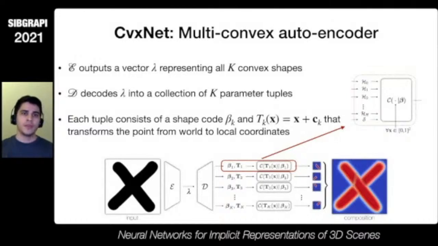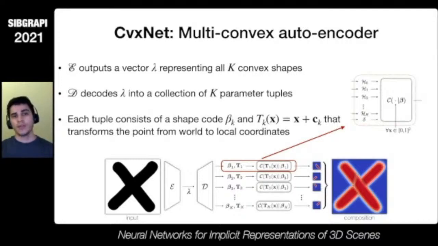Finally, the neural network of a single convex is extended to encode a union of convexes. Again, the encoder outputs a feature called lambda, which represents the convex shapes. Note that here we are considering a collection of convex shapes. In other words, we are extending the network presented at the previous slide.